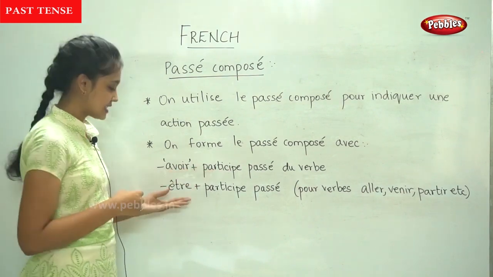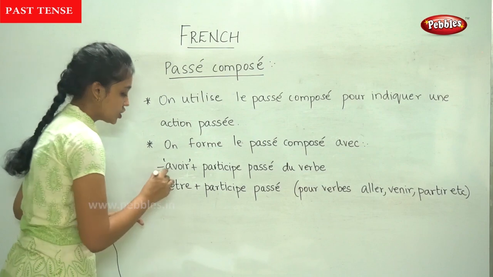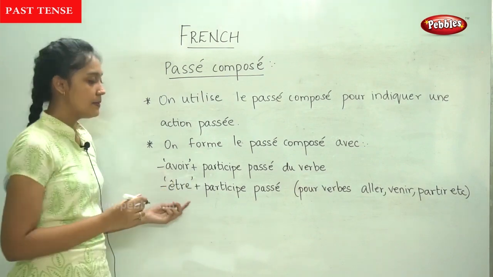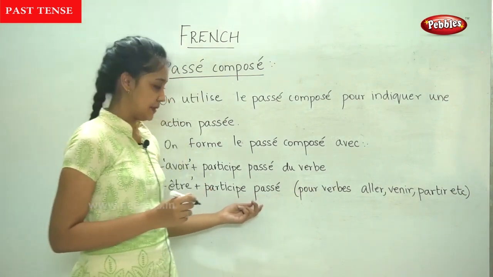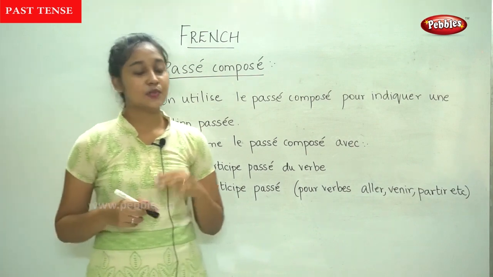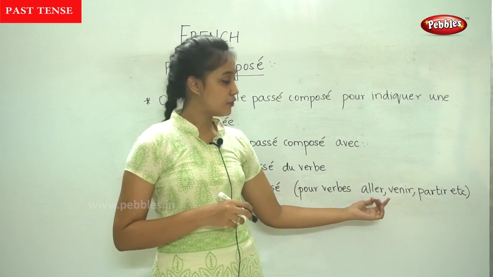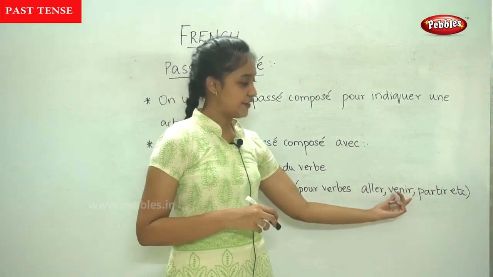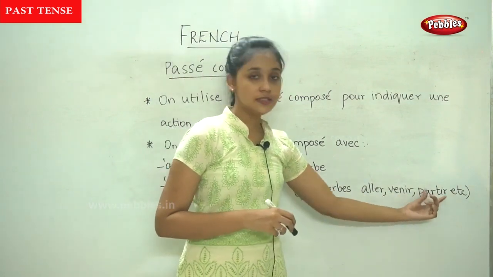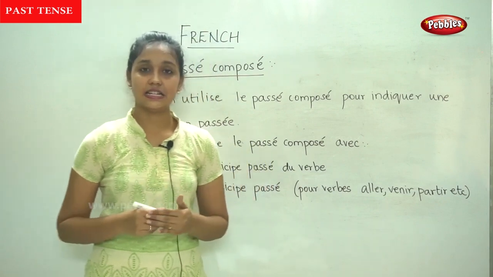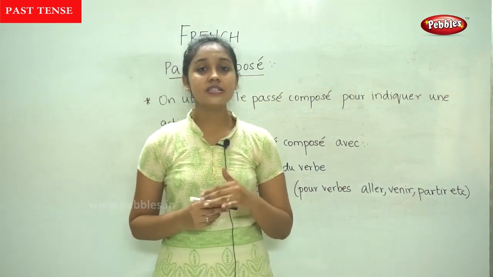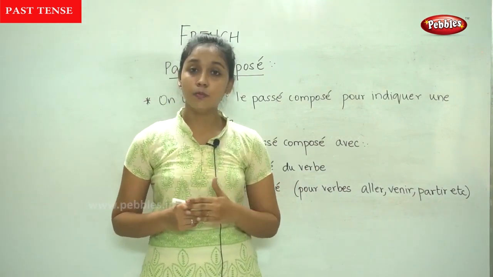In some cases, we need to write the conjugation of être plus the past participle. So which are the cases in which we need to use être? Some examples are the verbs aller, venir, partir, sortir, etc. If you notice, these are the verbs indicating motion.